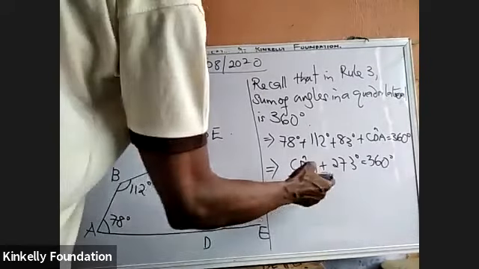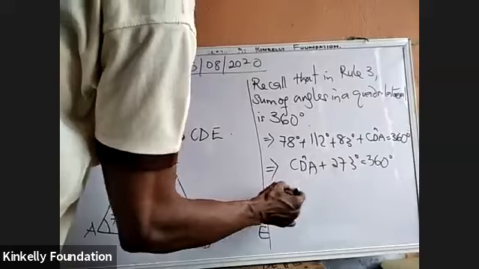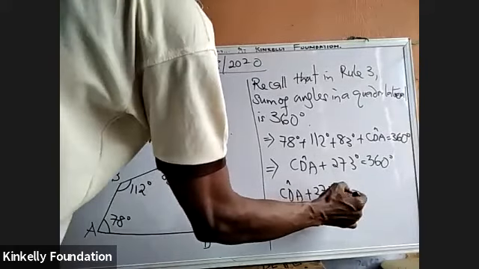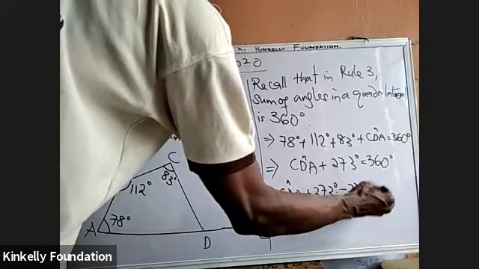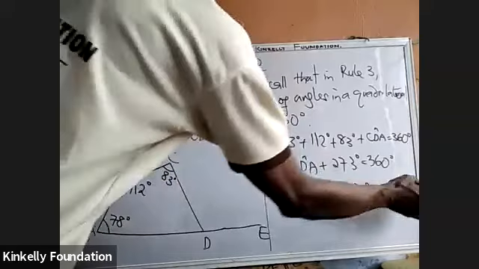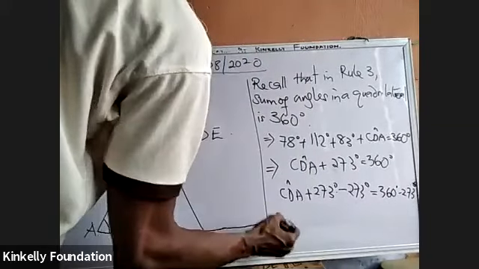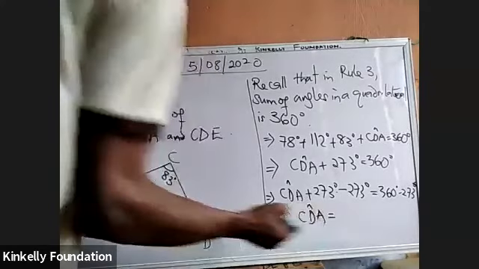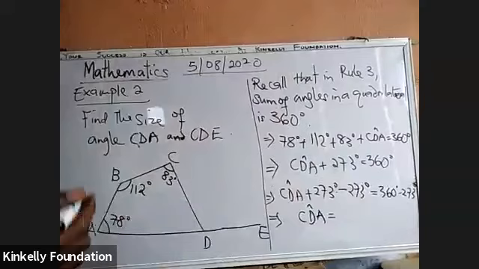Now you subtract 273 from both sides, so angle CDA is equal to 360 degrees minus 273 degrees.